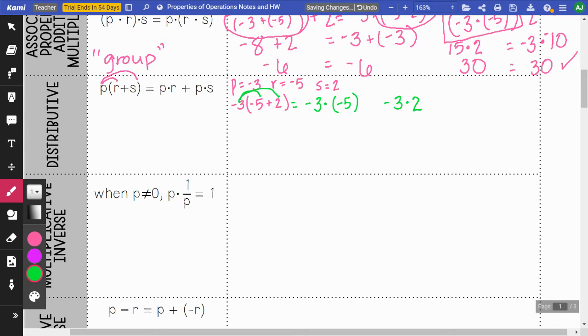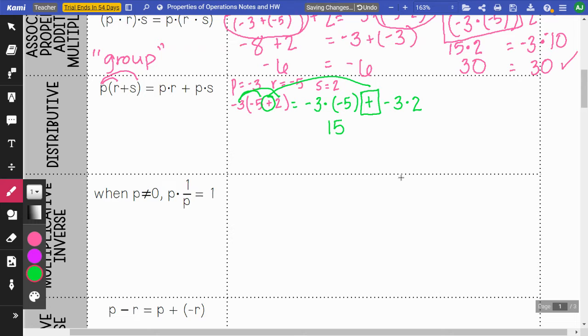All right, the symbol that goes right here in between my two sets of multiplication is going to be whatever symbol is inside the parentheses. So we will be adding those up. Negative 3 times negative 5 is positive 15.